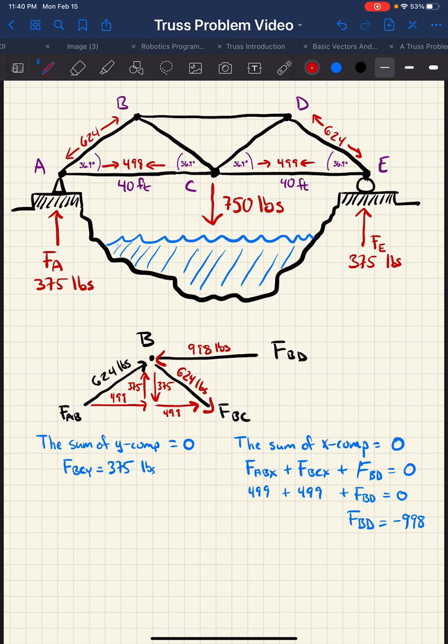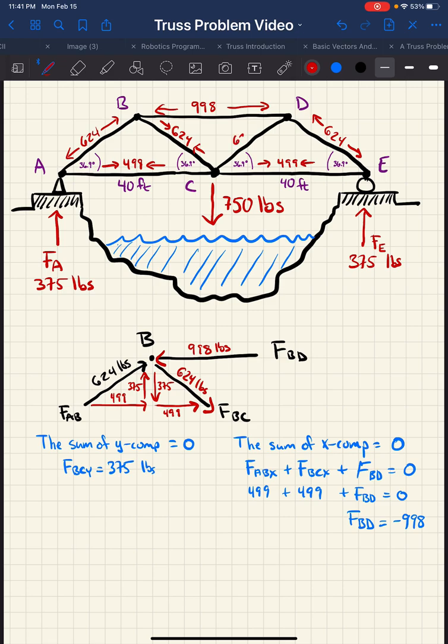So now we know 998 pounds going this way, and we know that 624 there, meaning that BD is in compression and it's pushing out against it, and BC is in tension and it's pulling in against that tension.